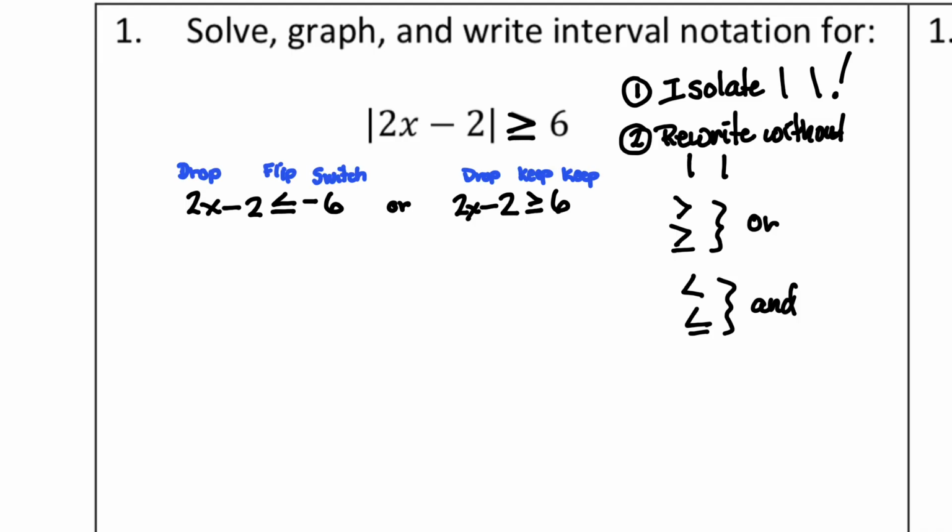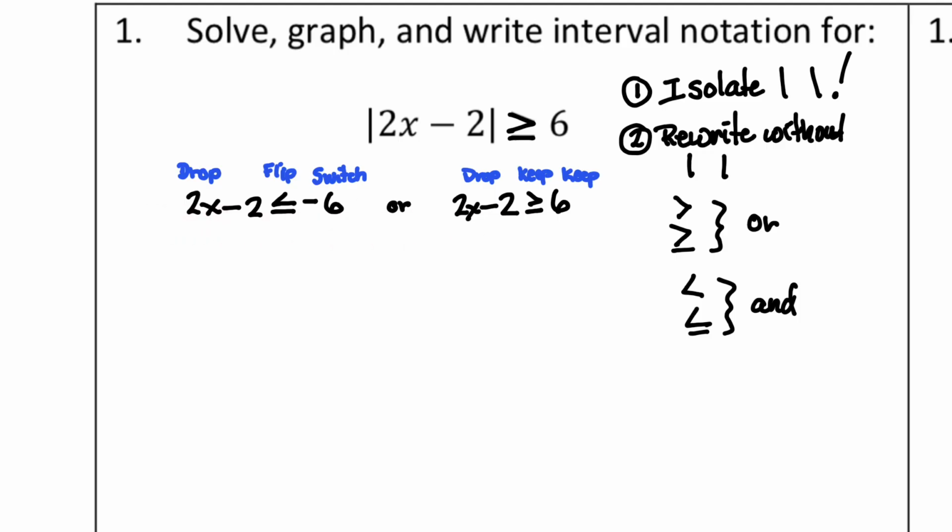Okay, so on the left-hand side, drop the absolute values, flip the inequality, and switch the sign on the 6. Or, because it's one of these two symbols, greater thans are always "or," you're going to drop the absolute value, keep the symbol, keep the 6.